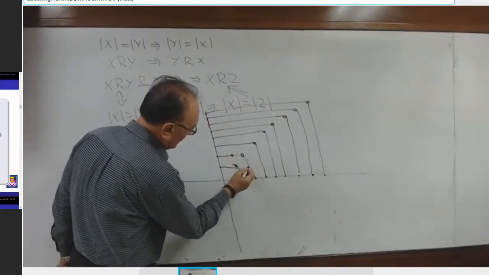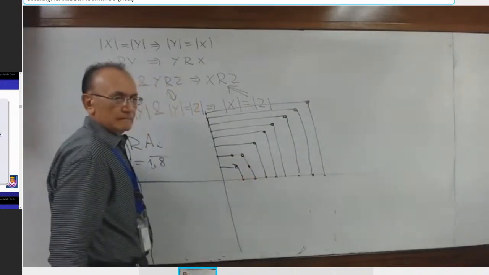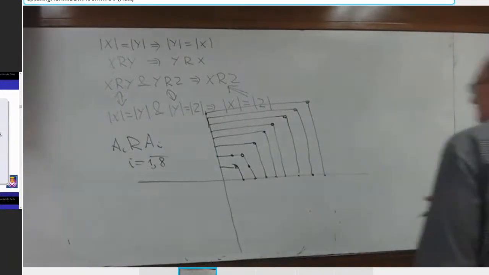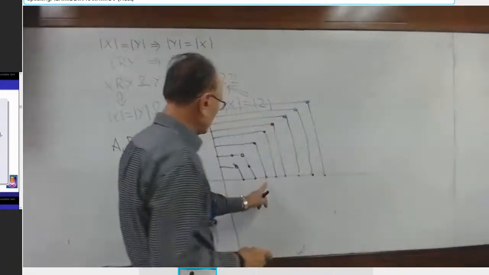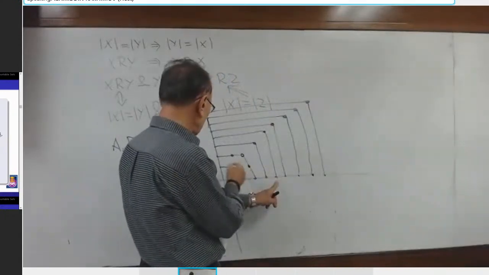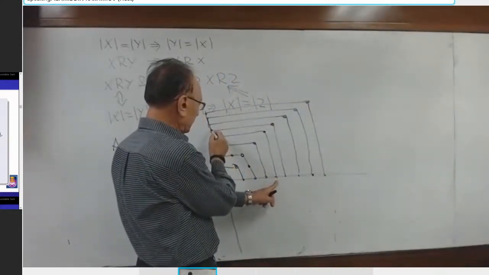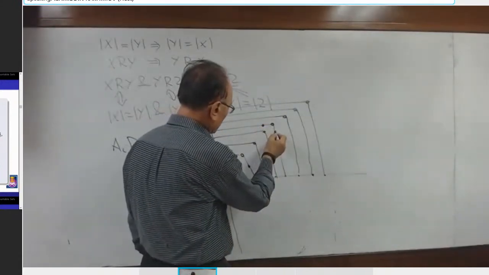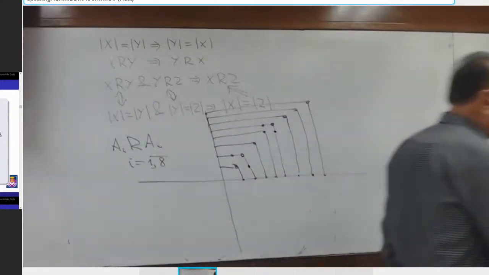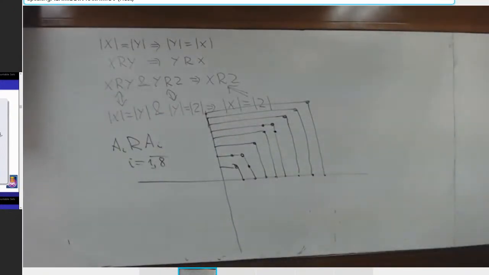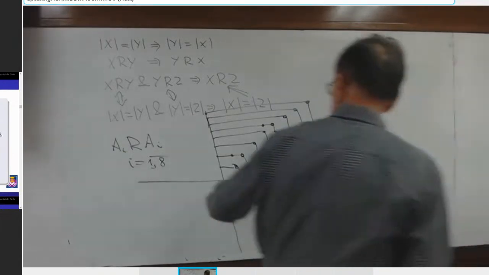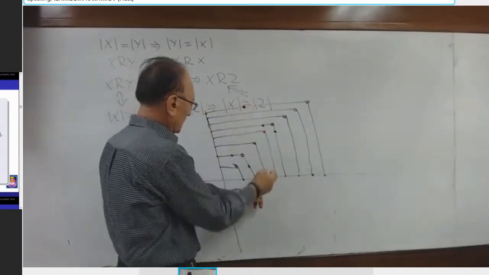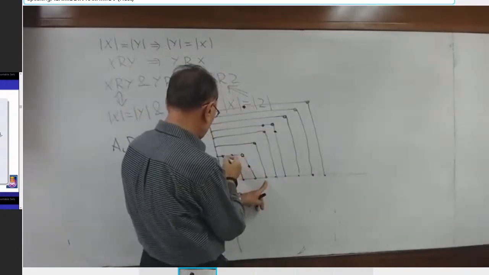1 and 2, this point is also in the graph. But the symmetric point also is there. The next one is 4, 5. So 1, 2, 3, 4, 5. This point. Symmetric point also is there. Then next one is 3, 8. And 8, 3 also is there.